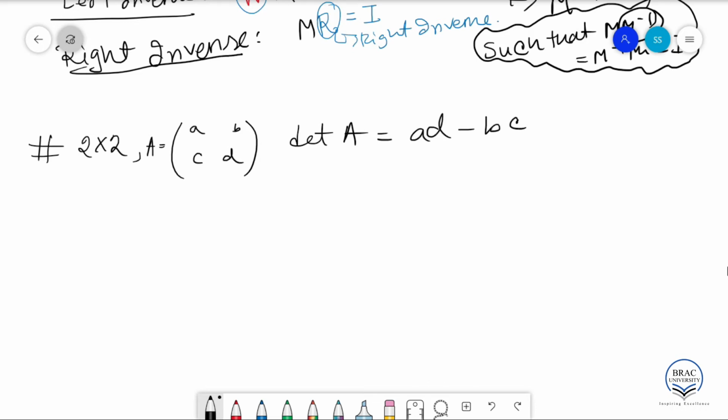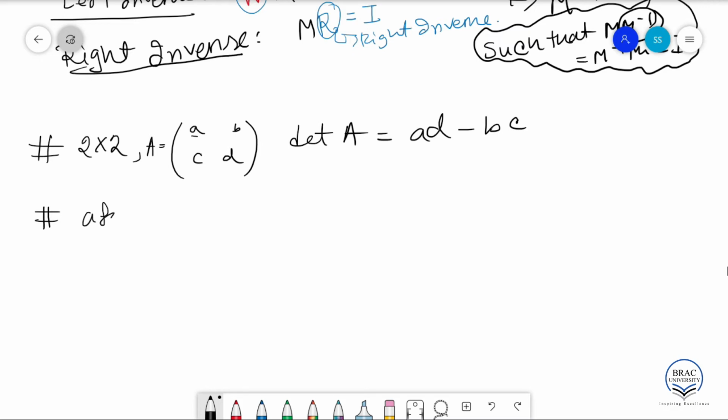Now recall that in the last lectures we talked about cofactors and minors. So in our case we have to calculate the cofactors of a, b, c and d.